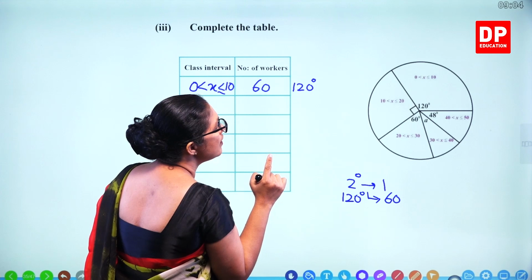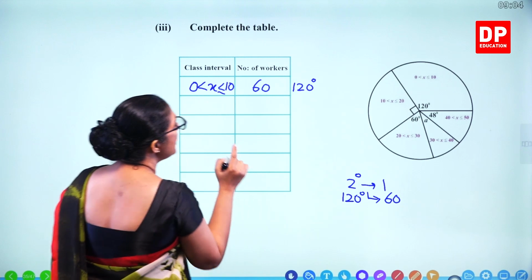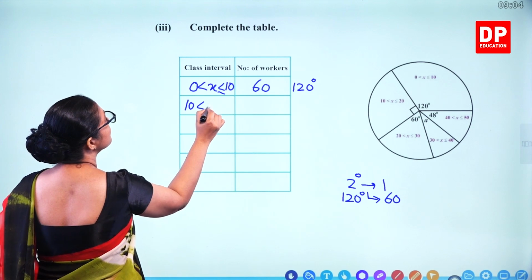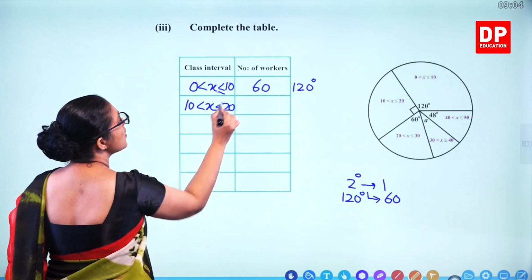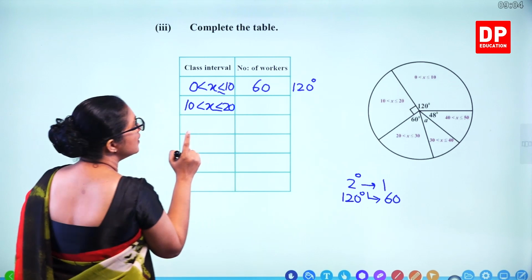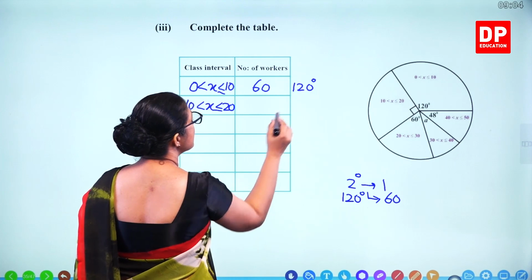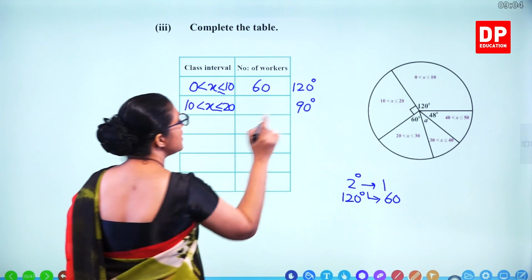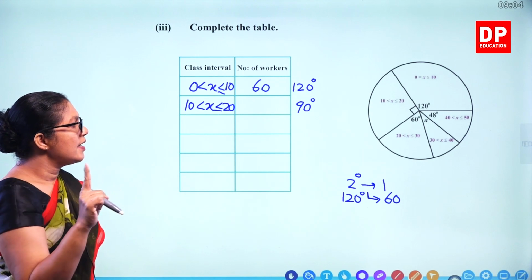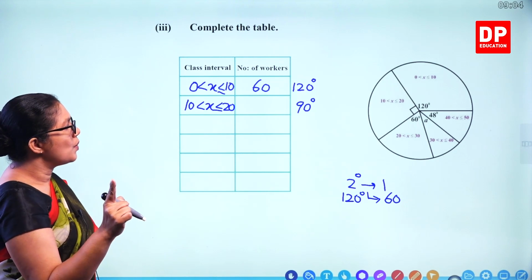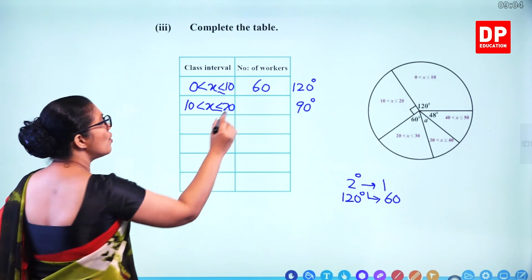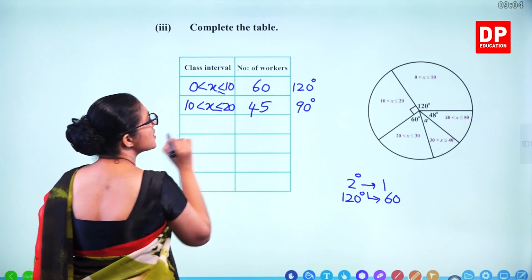The next one, 10 to 20, 20 is included. That's 90 degrees. 2 degrees is 1 worker, so divide by 2, that's 45 workers.